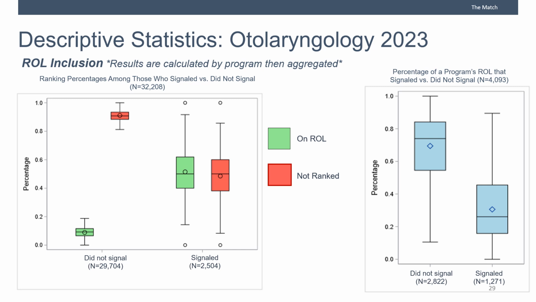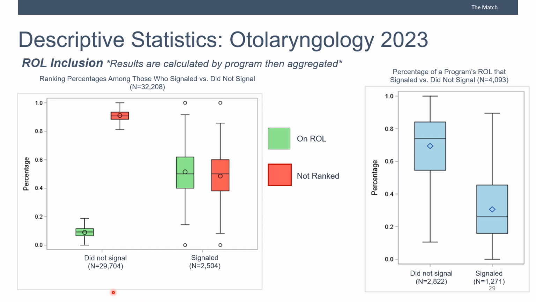Beyond specialty differences, the overall sample sizes are significantly different, with general surgery having 186,000 applications in 2023, whereas ODO had 32,000 applications in 2023. Additionally, differences exist in the application-to-roll ratios. For general surgery, only 8% of the applications ended up being ranked, whereas for ODO, 12.7% of the applications ended up being ranked. With that said, I am going to get started with box plot 1 over here.